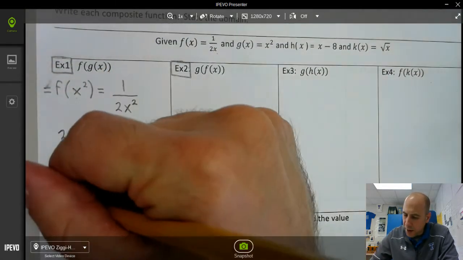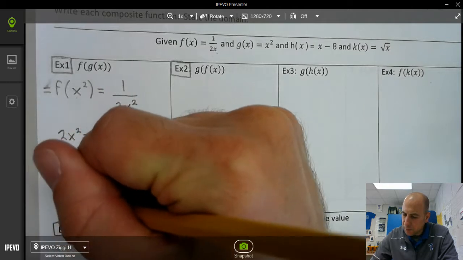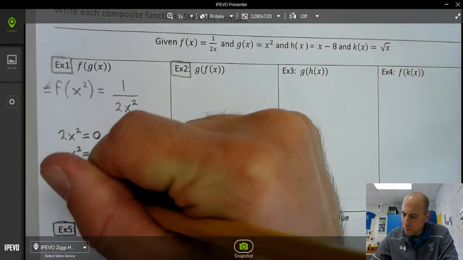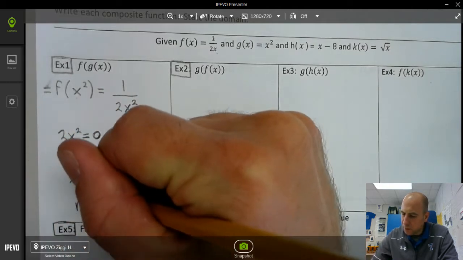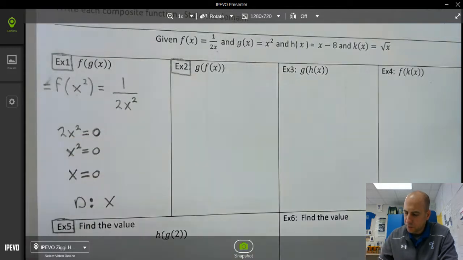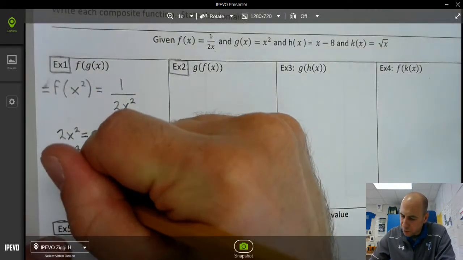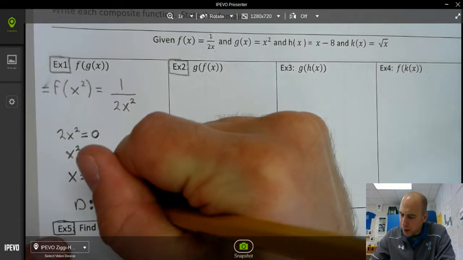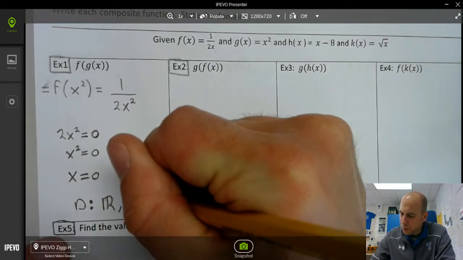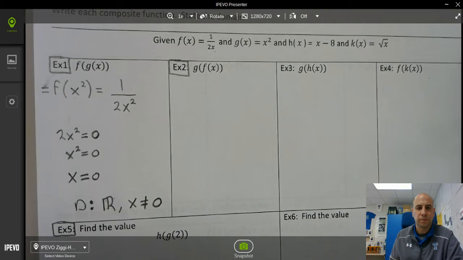So your domain is all real numbers. It said x does not equal 0. So if you would, pause the video and update example 1.